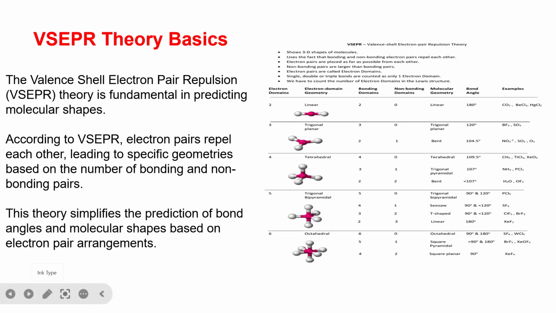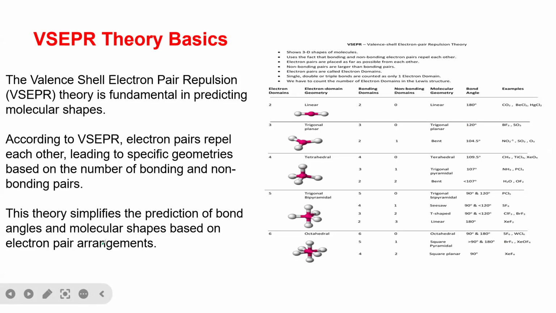Now, starting with the valence shell electron pair repulsion theory. This theory, VSEPR, is fundamental in predicting molecular shapes.